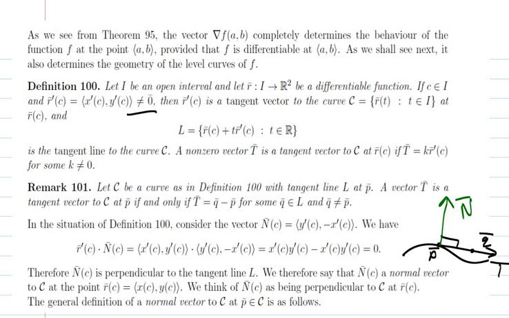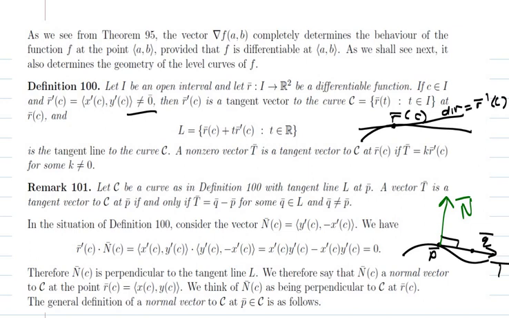And so here's the equation of the tangent line. L is all of the points r(c) plus t r'(c), so it goes through the point r(c). So what we're essentially saying is you have a curve. This will be the point r(c), and the tangent line has direction r'(c). We saw this in 124.